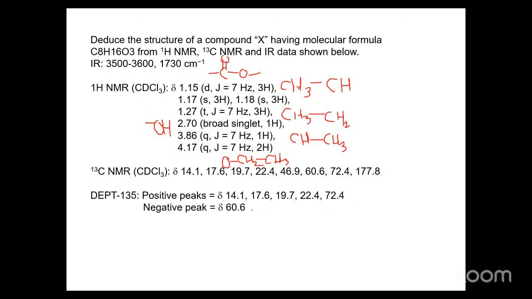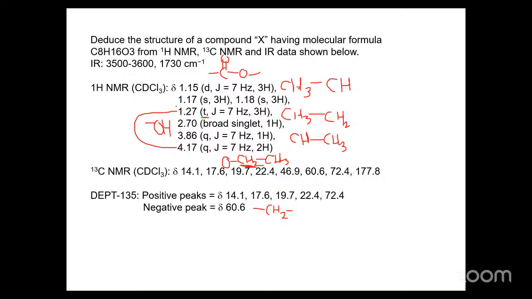Before that, DEPT 135 indicates that one methylene is present, and here also you are observing one methylene is present. So 4.17 is coupling with 1.27, isn't it? Because at 1.27 we have the triplet signal, which you can get only when we have the methylene.